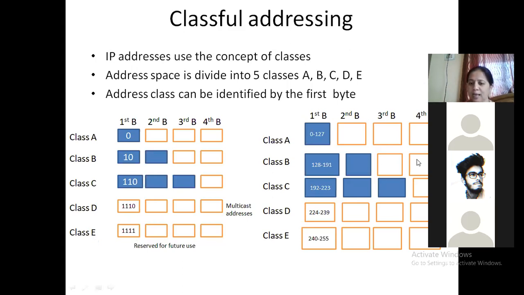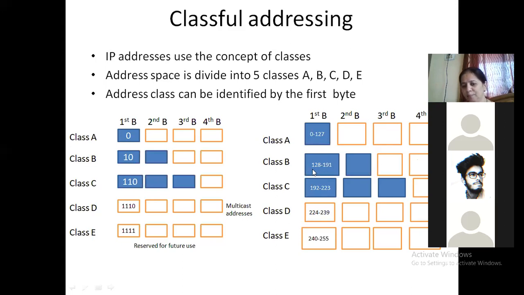Okay. Now you can have a look at the right hand side. As I said, in class A, the first bit is 0, and only 1 byte is used for network ID. So class A addresses, the first byte will contain a value between 0 to 127. Class B, the address will begin from 128 to 191, because the first bit is 1, second bit is 0.